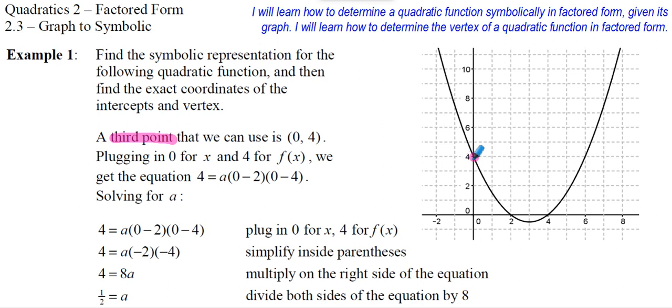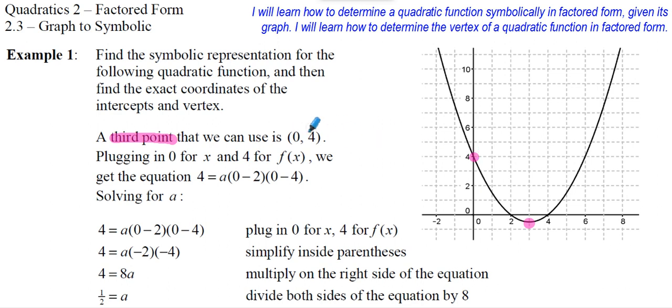My third point would be either the y-intercept or the vertex. But looking at the vertex right now, it's not a whole number. So it's 3 comma something that I do not know. Because the vertex is, I would call it, unreliable at this point, I'm not going to use the vertex as my third point. I'm going to use the y-intercept as the third point.